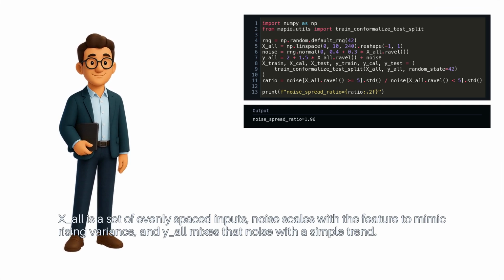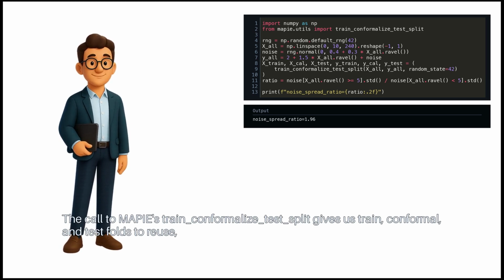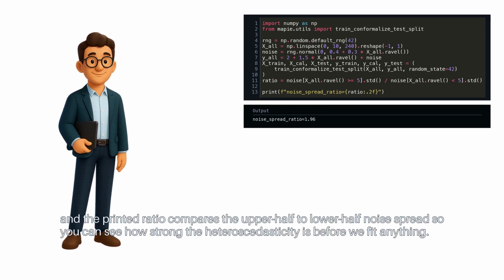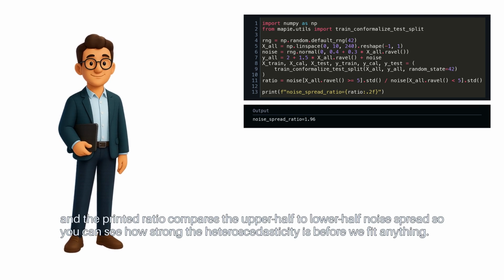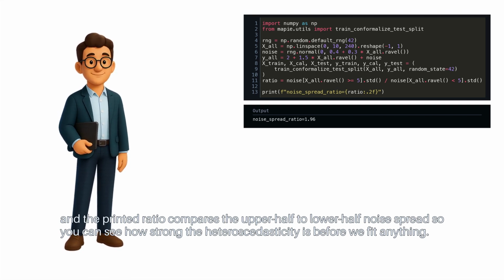Noise scales with the feature to mimic rising variance, and Y_all mixes that noise with a simple trend. The call to MAPIE's train conformalized test split gives us train, conformal, and test folds to reuse. And the printed ratio compares the upper half to lower half noise spread, so you can see how strong the heteroscedasticity is before we fit anything.